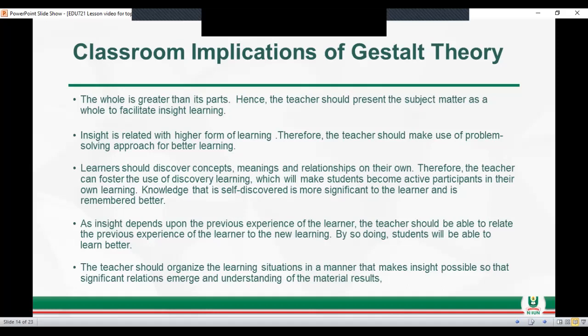Let them present a problem, but make sure the essential elements that will aid understanding of that problem are presented, just like the stool and the long stick that Sultan, the chimpanzee, used in getting the bunch of bananas. So make sure you present the essential elements that should help the students to arrive at solving the problem through insight.